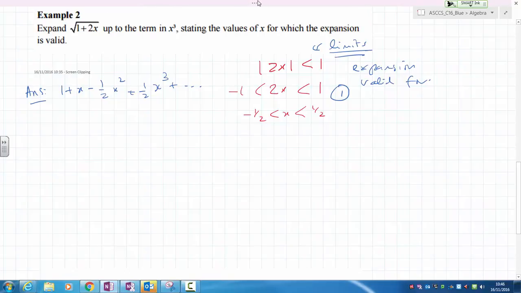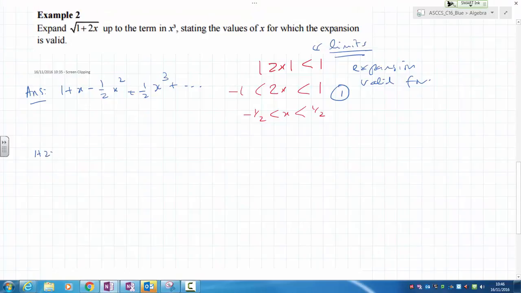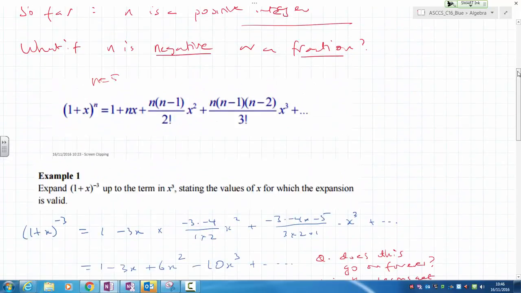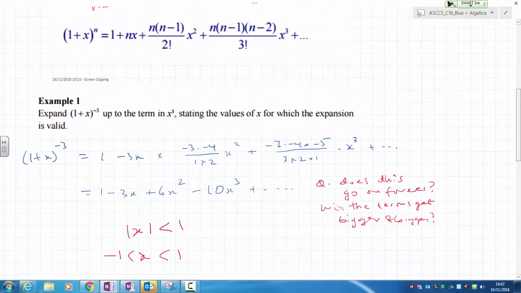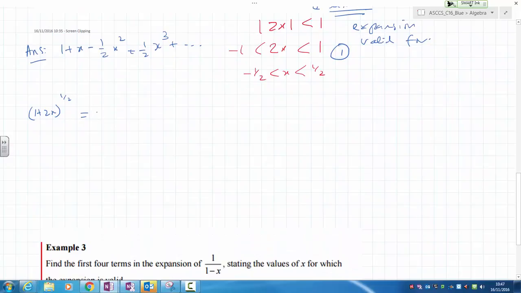We've got 1 plus 2x to the power of a half. And if you go back to the formula, 1 plus nx plus n times n minus 1 over 2 factorial x squared, etc. So we've got 1 plus nx, so that would be half. Now my x part is going to be 2x.